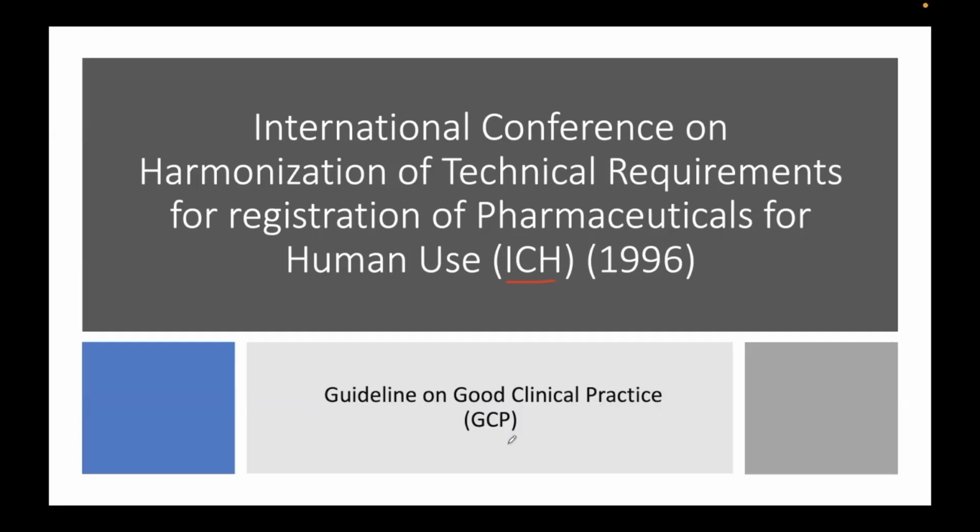Then we have here the GCP, or the Guideline on Good Clinical Practice. When you go into residency training here in our country, you have to take note that the first year residents are required to be GCP certified to ensure that when they conduct their research as residents, they should know the basic ethical principles in research.